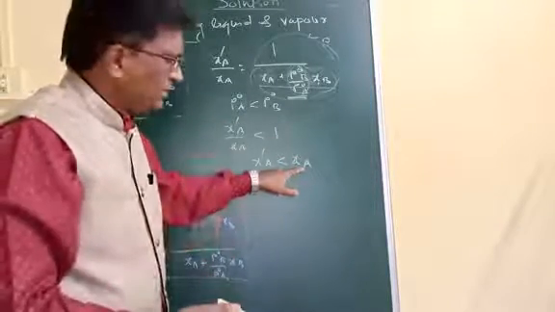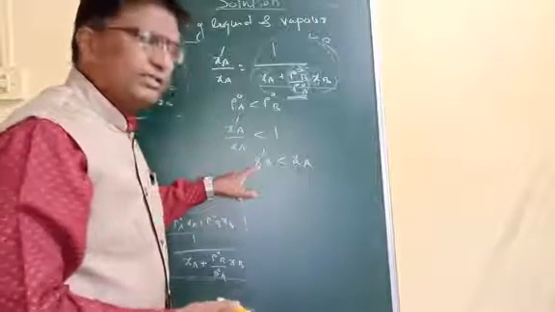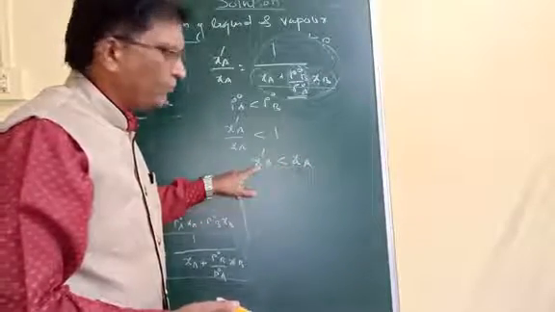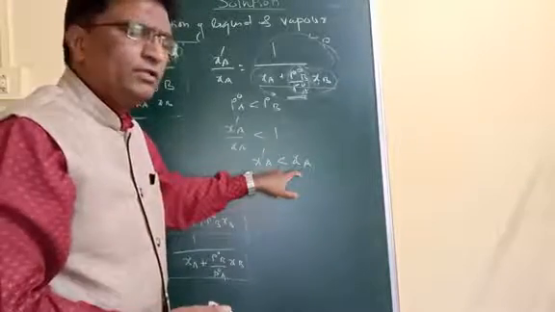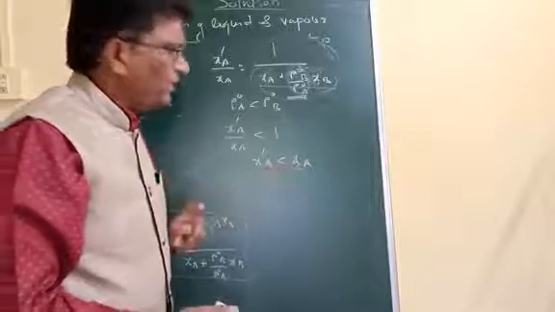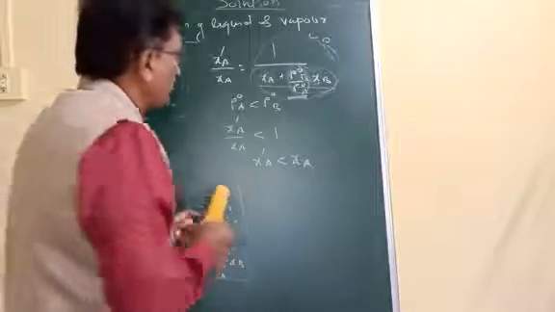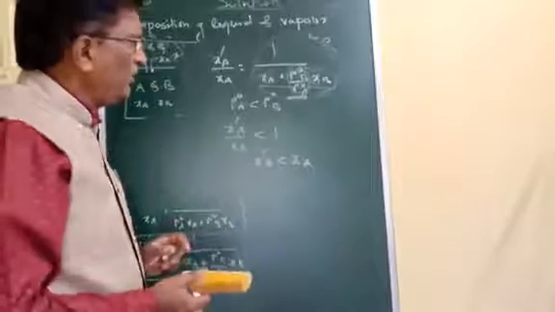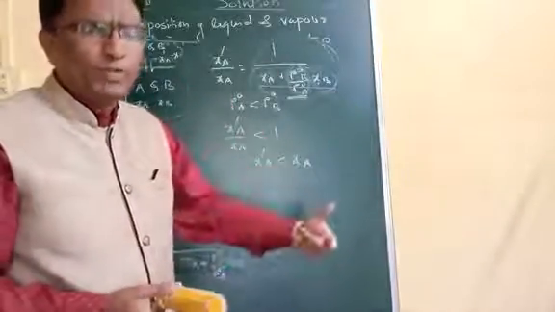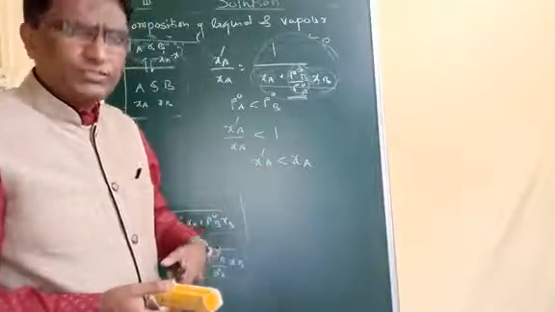In contrast, if A is in lesser proportion in vapor, that means B is in more proportion in vapor phase and B is in lesser proportion in liquid phase. That means if B has more vapor pressure, then it will be more in a vapor phase than in a liquid phase.